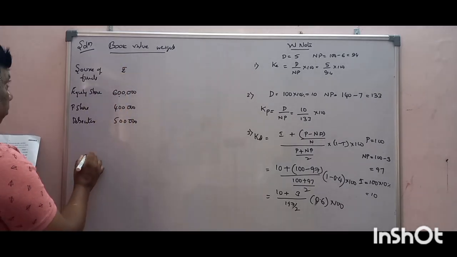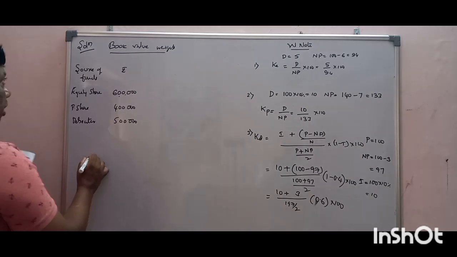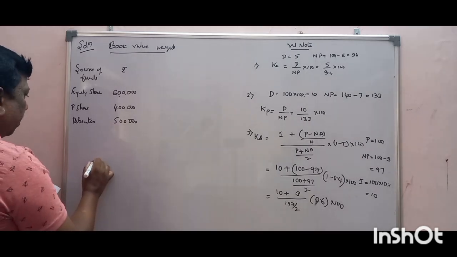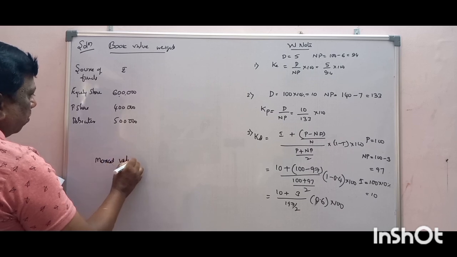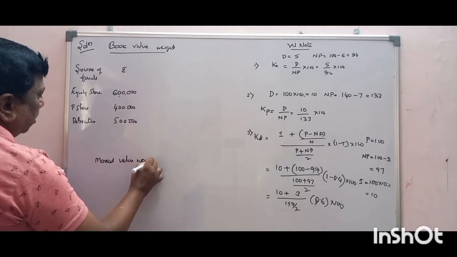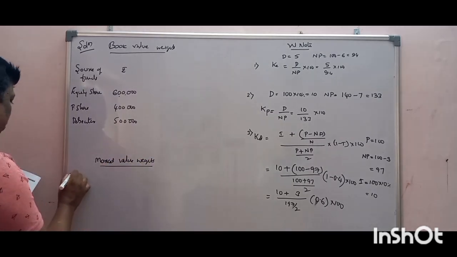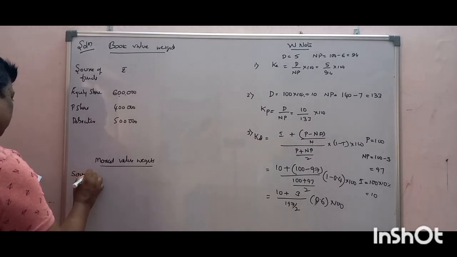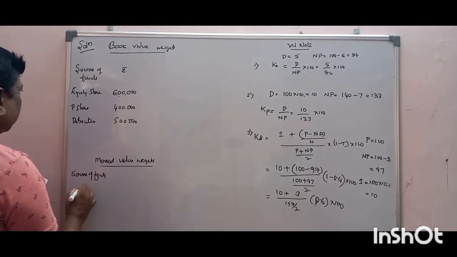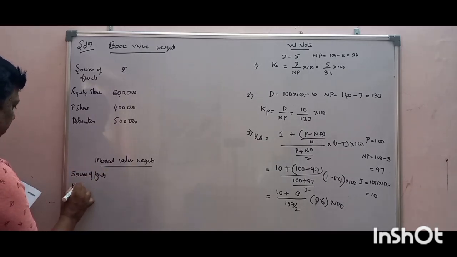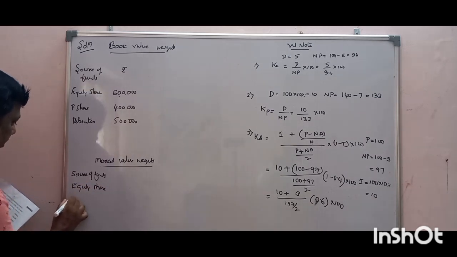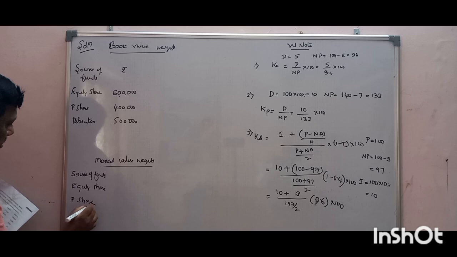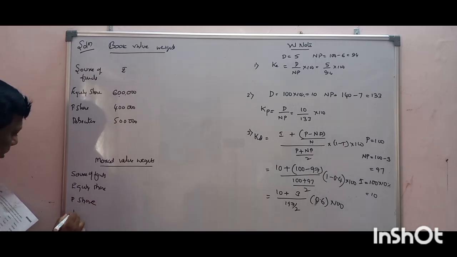Sorry, market value weights. No, this is book value. Market value, that is also given. Market value weights. So we have sources of funds, same as it is: equity share, preference share capital and debentures.